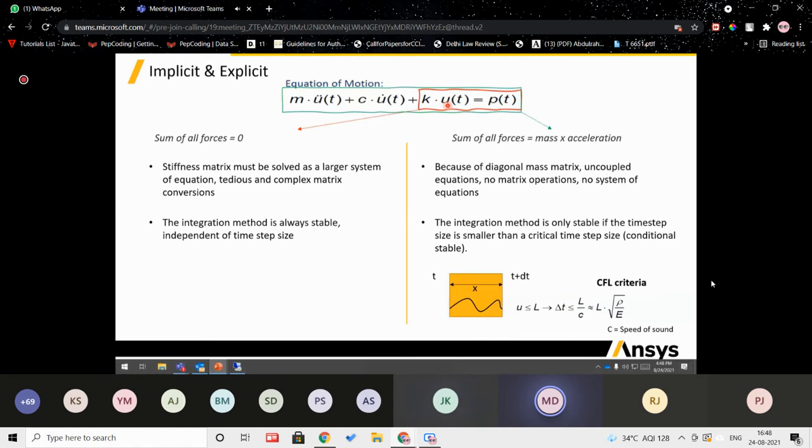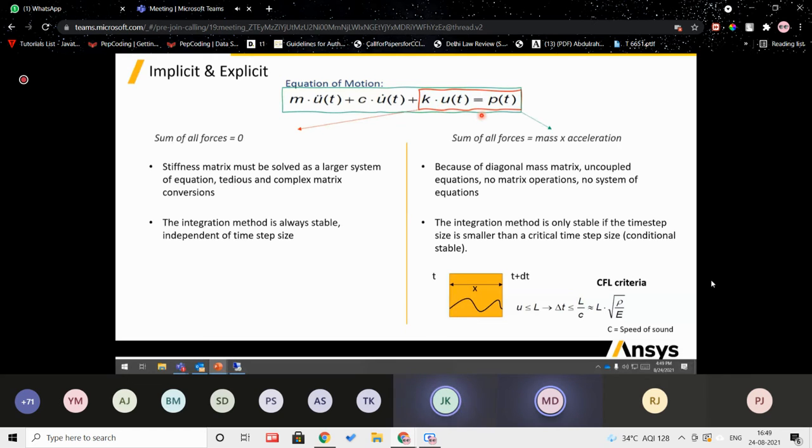If you want to extract the displacement of your analysis, your K matrix will go to this side, and it will be like the inverse of K. When this matrix is inverted, it takes complex and tedious equations to solve, and that sometimes takes time, and even some resources are required to calculate these inversions of the matrix.